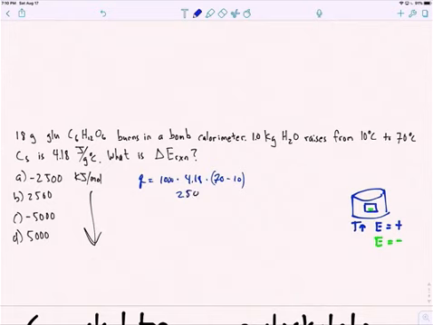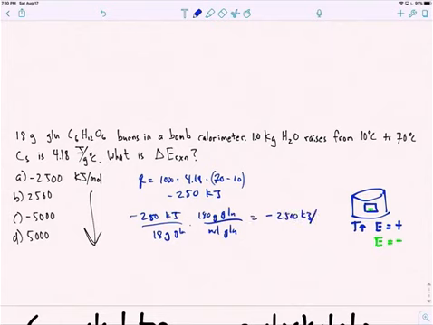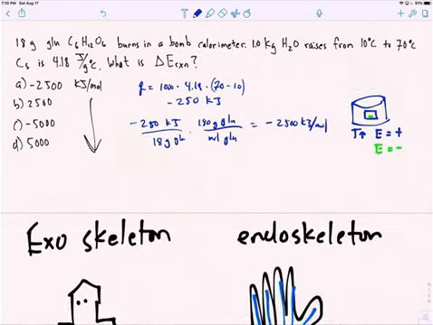This is about 250 kilojoules, and 18 grams per mole, so 250 kilojoules divided by 18 grams of glucose times 180 grams of glucose to mole glucose. And I also mentioned the negative direction for the heat flow. Then this is minus 2,500 kilojoules per mole. So, like so. All right, that's how you solve that one.